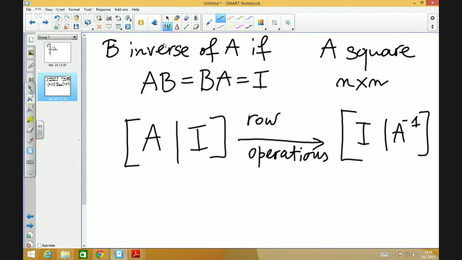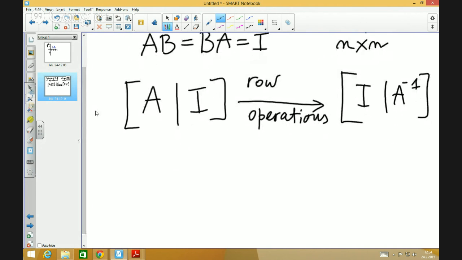So the question I want to ask now is, what kind of properties does the inverse have? For instance, suppose that I know that A is n by n and is invertible.